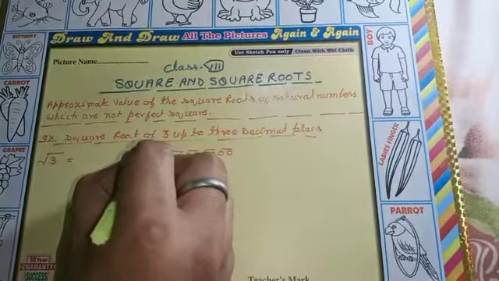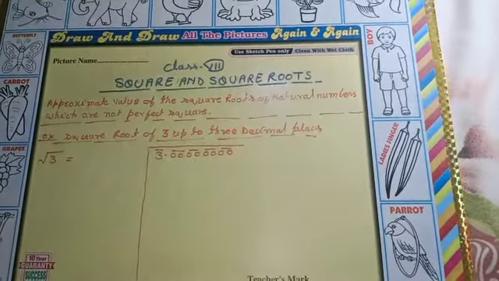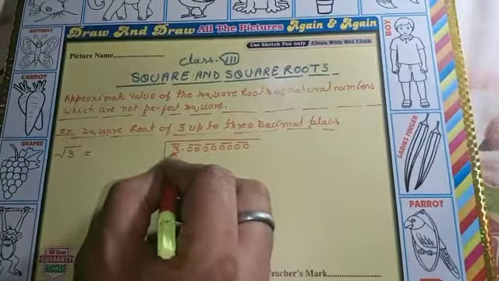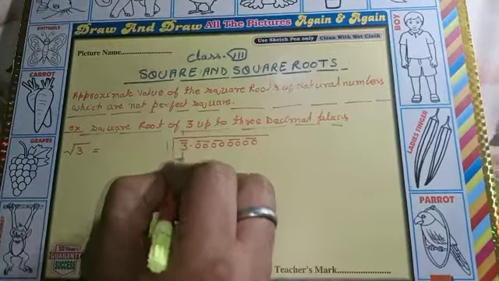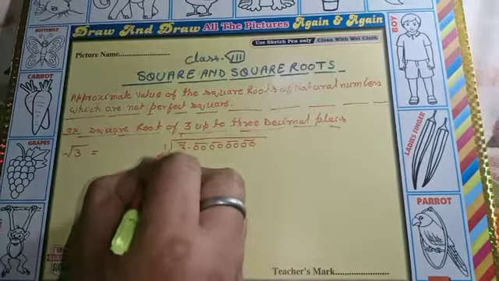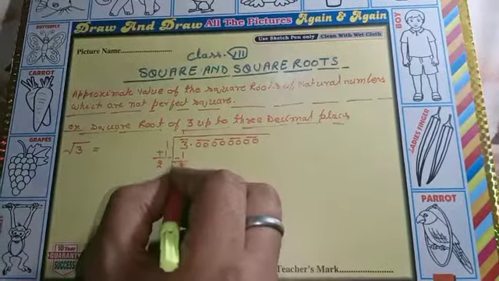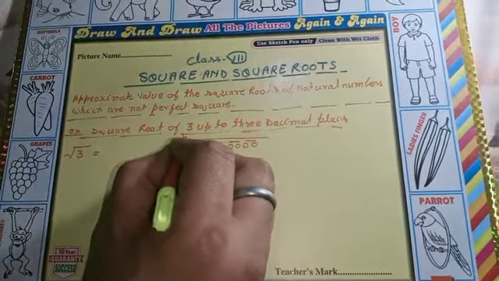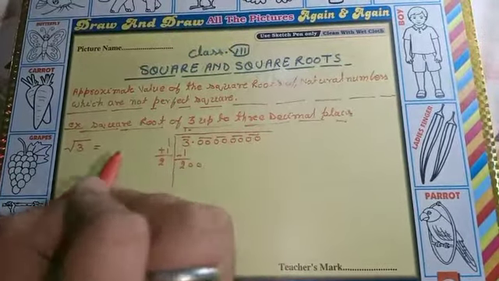Now here, the first digit is 3. 1 times 1, make subtraction: 3 minus 1 is 2, and 1 plus 1 is 2. After 1, make the decimal point. Now bring down the second pair of zeros.